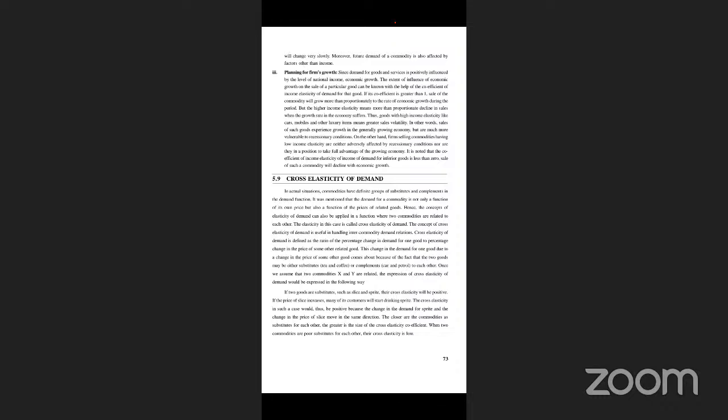Now we try to measure the cross elasticity between these products. In order to understand and analyze these substitutes, one has to understand how closely these are related. Closely here refers to how easily the consumers can shift from one product to another.